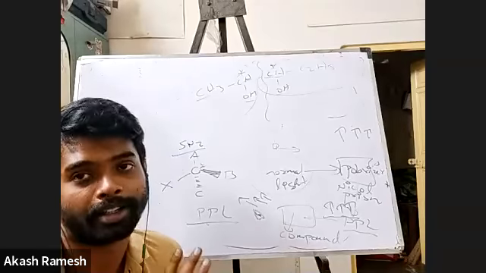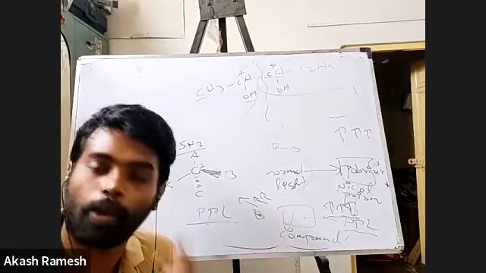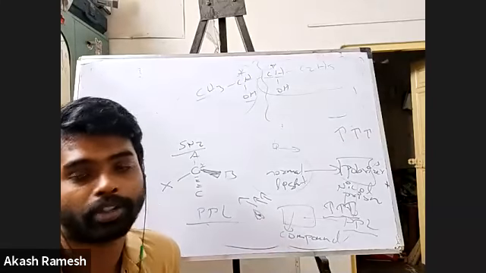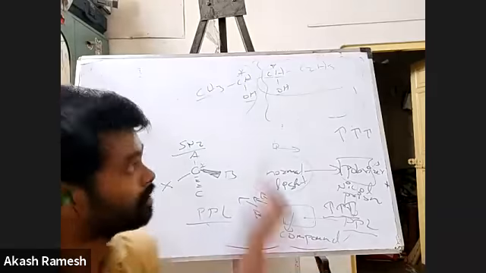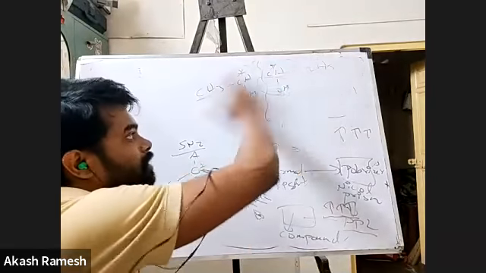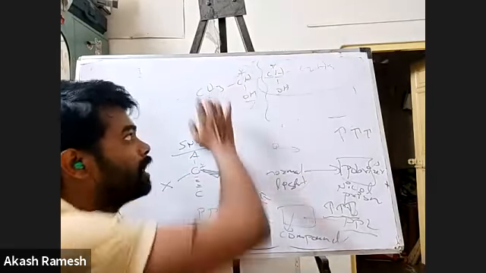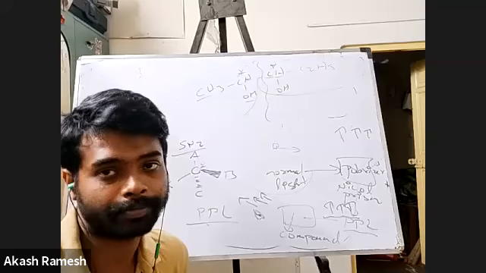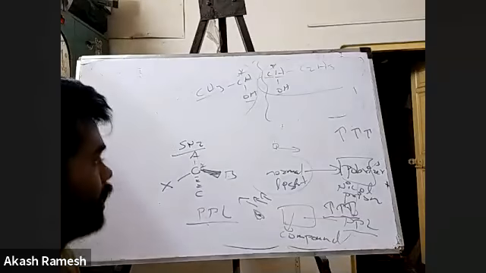Exactly. If you're able to divide the compound into exact halves, whatever be the number of chiral centers, it is going to be optically inactive. But in this case it will become chiral because this side and this side are not the same: this side I have C2H5, this side I have CH3. Good question. Fine.